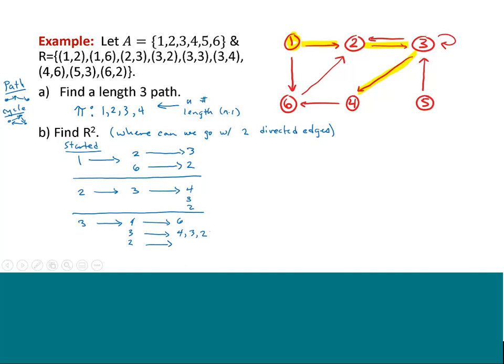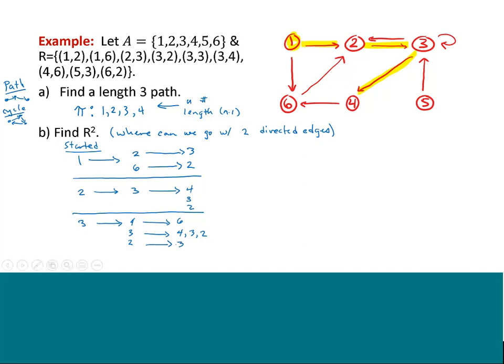Now, what happens if we started at 3, and instead of staying at 3 or going to 4, we went to 2? So we traveled on this guy here that's not highlighted. Where would we go once we're at 2? The only option is we'd have to go back to 3 because the out degree of 2 is 1. Okay? Perfect.